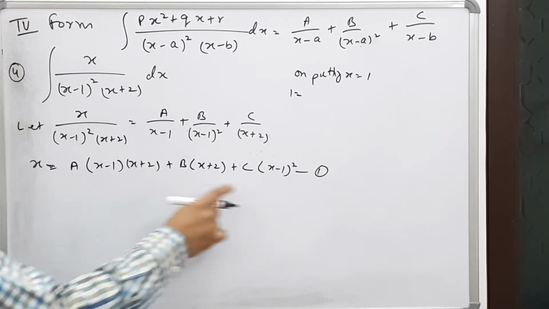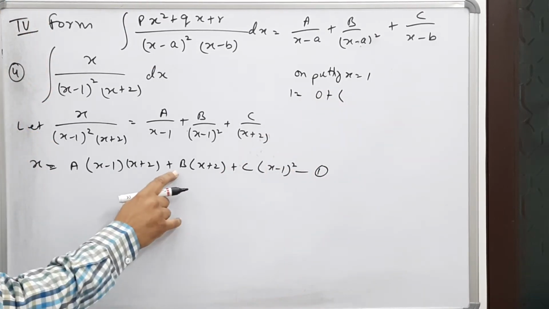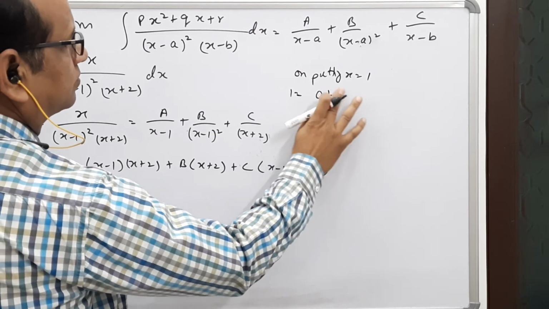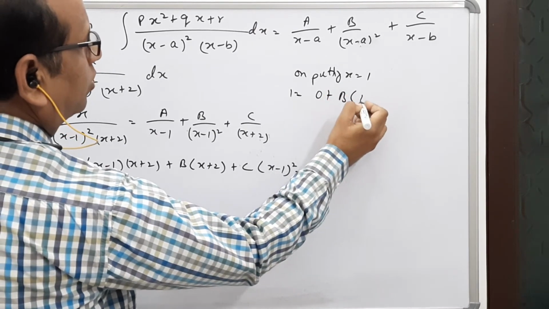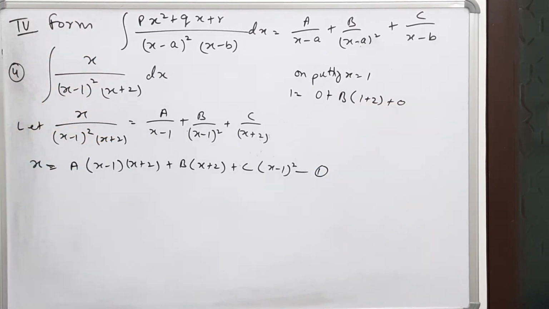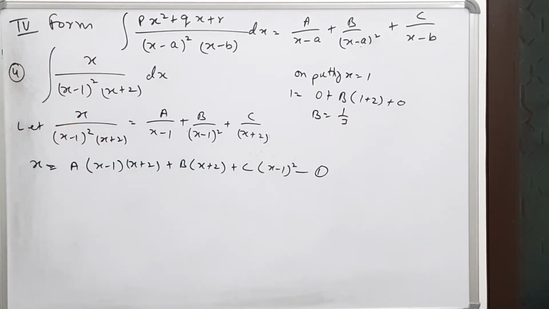This part will be 0 and this part will be 0. So the first part is 0, and for b, it will be b into (1 plus 2), and the last part will be 0. So the value of b will be 1 by 3. Easily we have got the value of b.